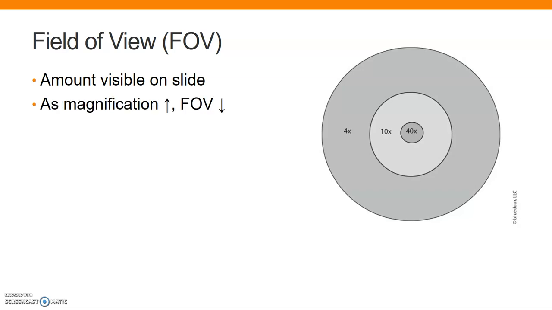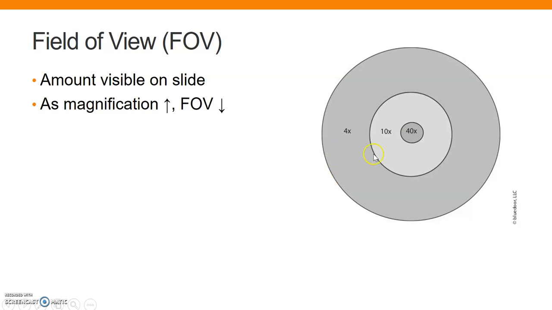So this image shows you kind of what happens as we zoom in, right? So this giant gray circle around here is all of the area that you would see if you were looking through the scanning power, the 4x. Then as we zoom in, we lose some of that. So you see how much of the area we actually lose as we zoom into 10x, and then how much more we lose as we zoom into 40x.